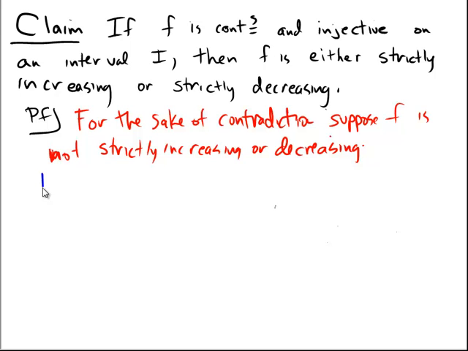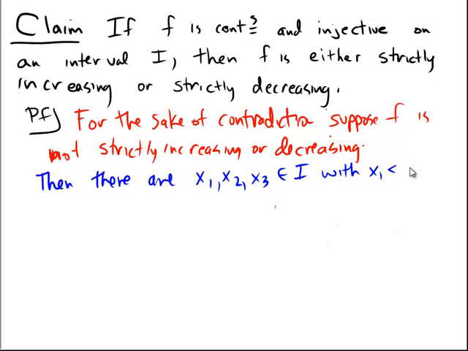So we could say that then there are points x1, x2, and x3 in the interval I with x1 less than x2 less than x3, so I'm forcing order on them here as x1, x2, and x3 in order from left to right, and one of the following, right? Either case 1 or case 2.